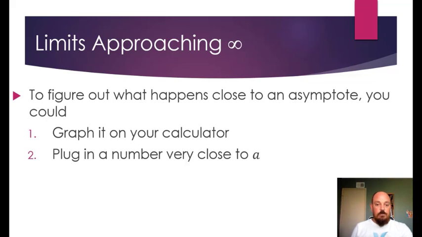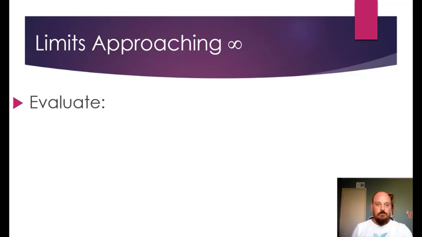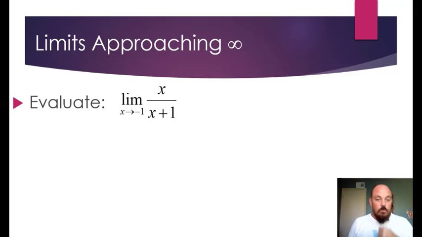So let's try out an example. We have the limit as x approaches -1 of x over x plus 1. So don't think about infinity yet. Don't think about vertical asymptote yet. If you think back a couple sections, I said if I ask you to evaluate a limit from an equation like this, always try direct substitution first.